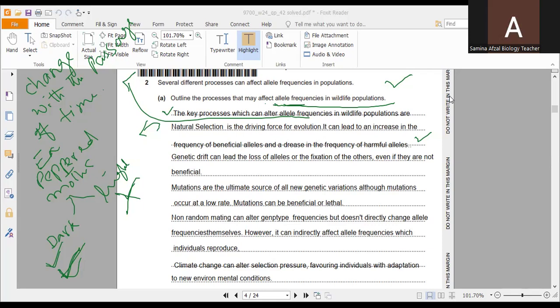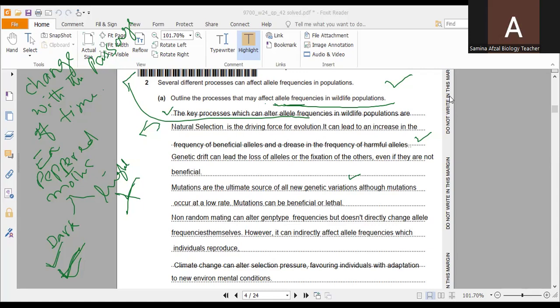And the other one, mutations, are sudden changes in the structure or the number of DNA. So these are the ultimate source of all new genetic variations, although mutations occur at a low rate. Mutations can be beneficial or lethal.